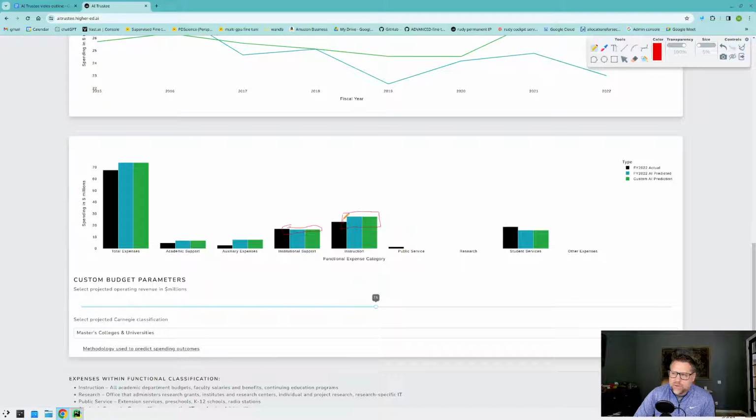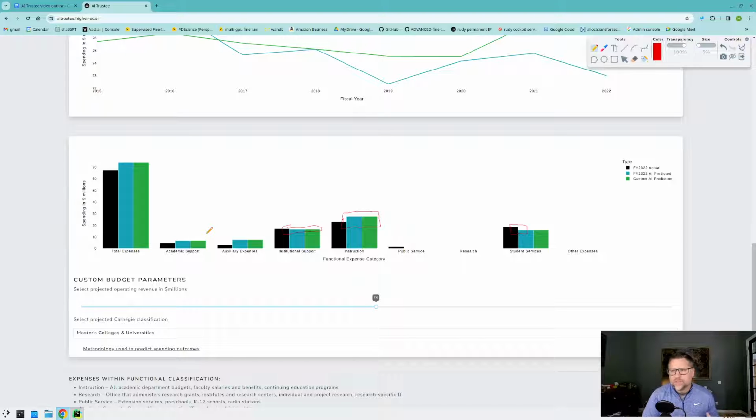They should have been spending quite a bit more, but they were doing the opposite. They kept cutting instruction and they cut other things too, but cutting instruction, the thing that's probably most closely linked to their mission, and unnecessarily, in my opinion. And they have the opposite issue: student service spending is higher than normal.